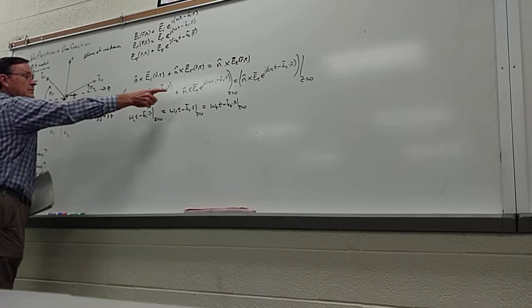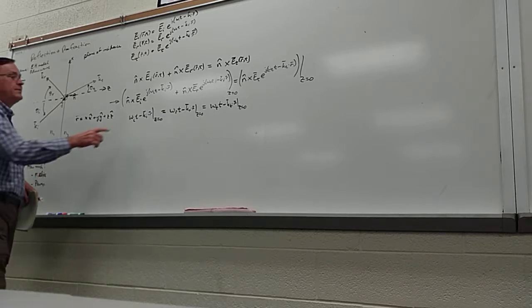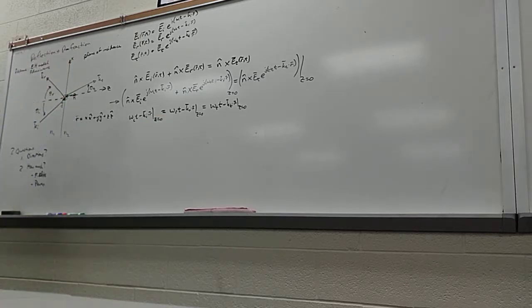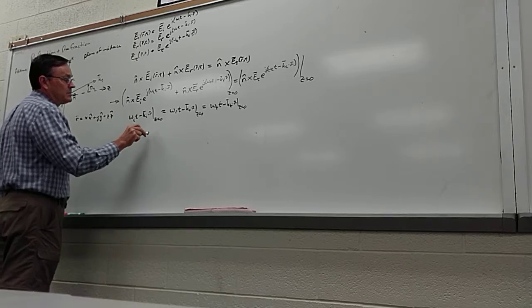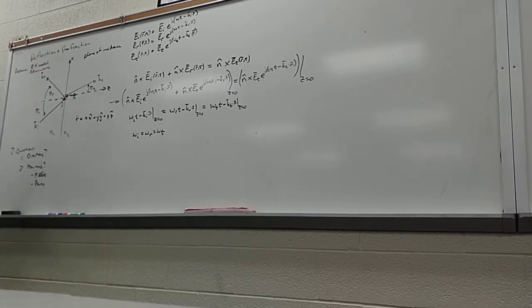Otherwise, this could never be true. Okay, so this relationship has to be true for all times t, which means that omega_i has to be equal to omega_r has to be equal to omega_t. In other words, there's no frequency change upon reflection or transmission, which we already intuitively probably assumed, but that fact falls out of the boundary conditions.